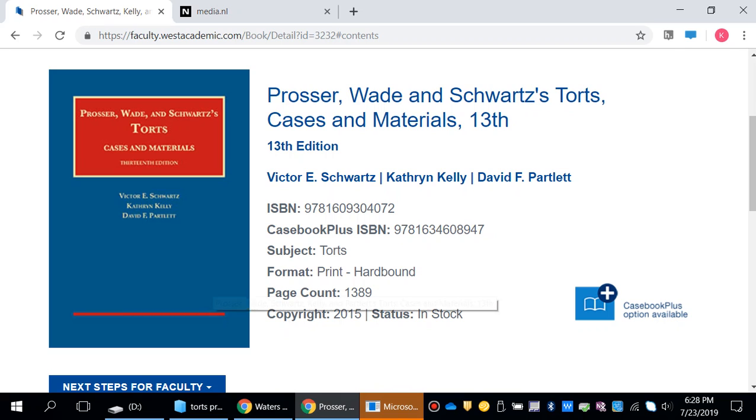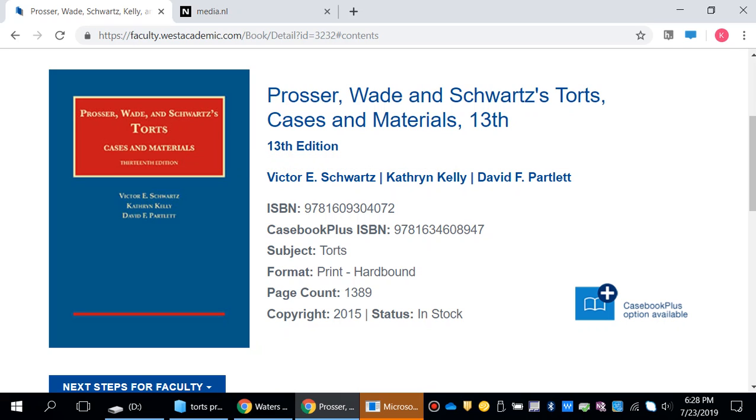So this is an example of a torts casebook, and you'll see that it's called a casebook because it contains cases, which are appellate opinions, and materials. And the materials in here are usually introductory paragraphs or sections that explain the area of the law that you're studying at that moment, and also notes, case notes after the appellate opinions, and I'm going to show you that in a moment.